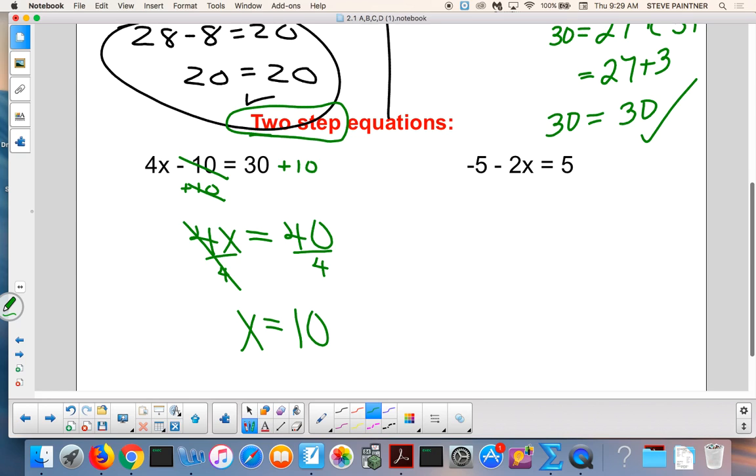Okay. Hey guys, Taylor, why did you choose to get rid of the 10 and not the 4? Because you have to get rid of that first in order to divide. Okay. Just a quick comment in case you're kind of confused, here's how you solve equations. You end up going backwards when it comes to GEMDAS.